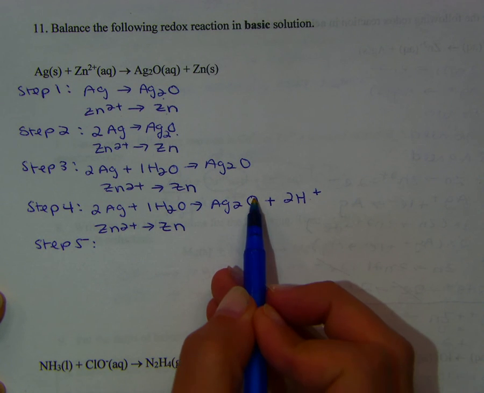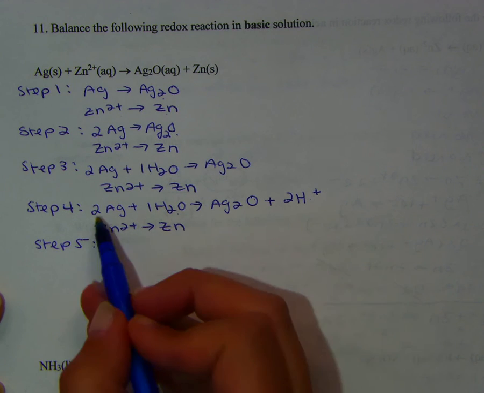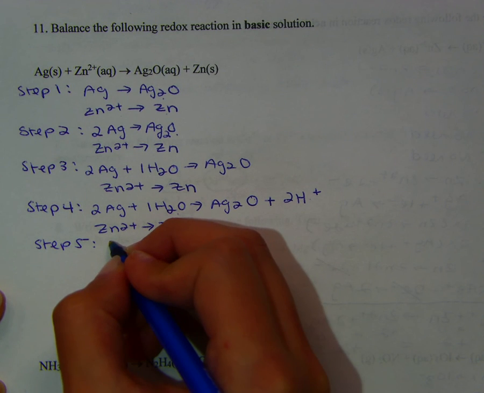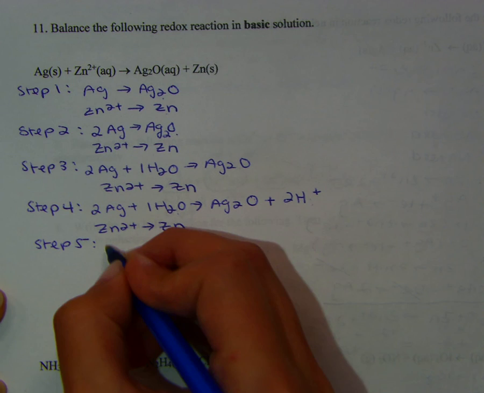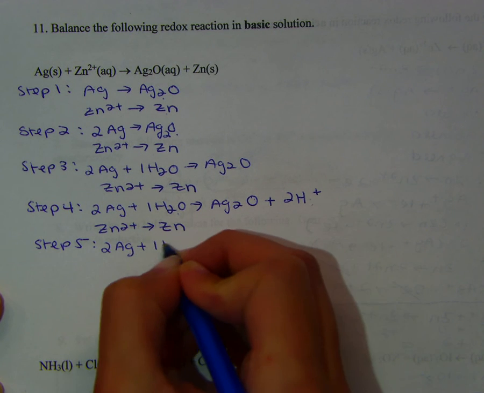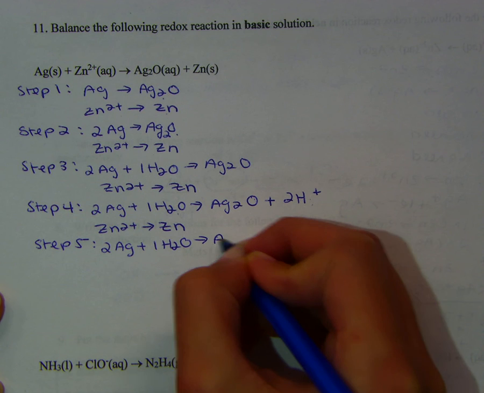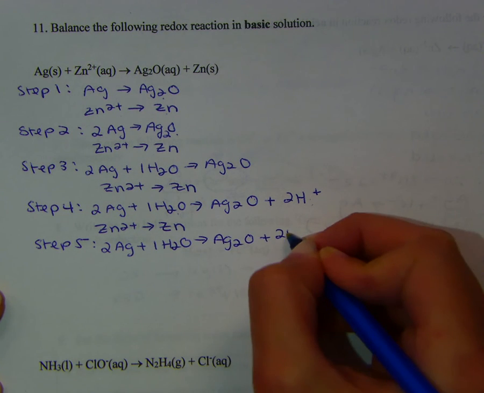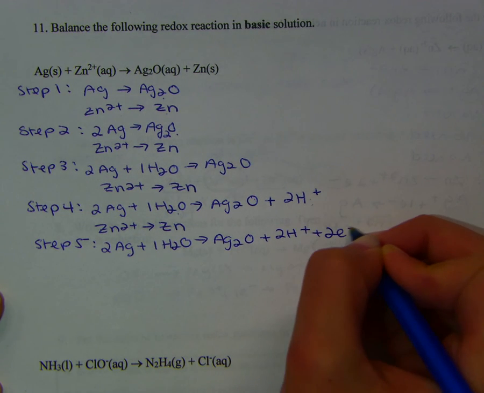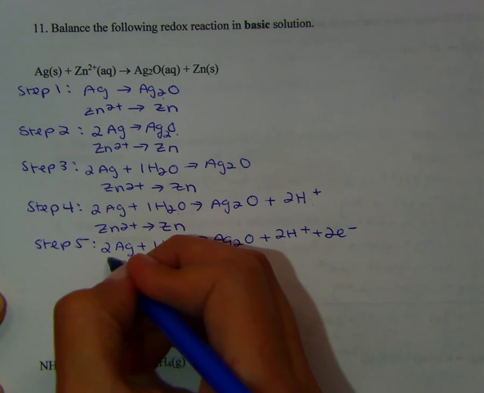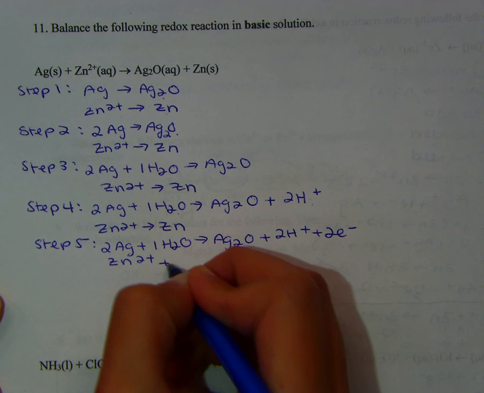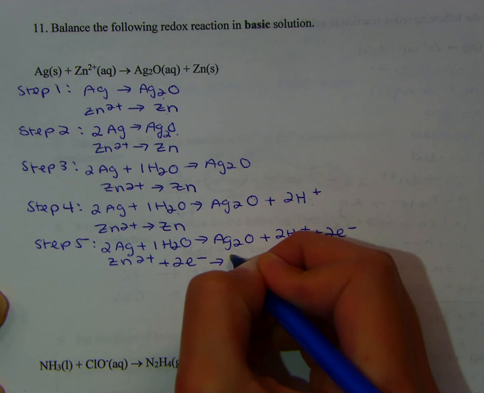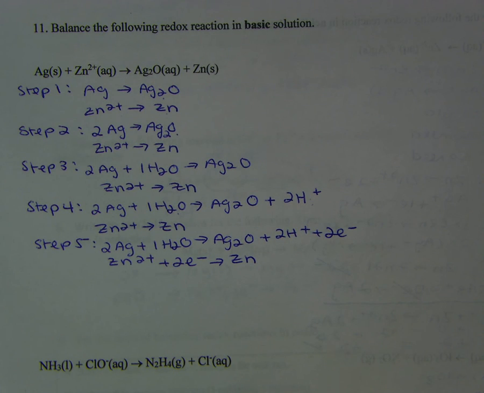This is a neutral compound, so this is 0, 0 and 0, so this is 2 plus, so I'm going to add 2 electrons on this side with my hydrogen. So 2 Ag plus my 1 H2O goes to my Ag2O plus my 2 hydrogens plus 2 electrons. And then of course I have my zinc 2 plus 2 electrons goes to zinc. Great. I would say we'd have to multiply things together, but luckily the 2 electrons cancel out, so we don't have to do step 6.